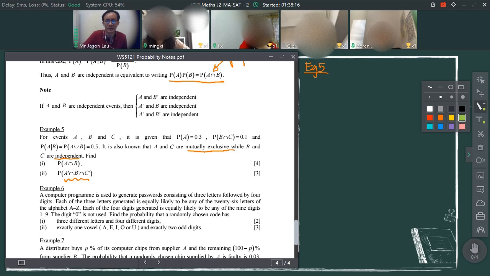So what is the method you're going to use? For example, you will probably use the Venn diagram method. That means you'll try to look at how the events are put into a Venn diagram. Is there any formula you can use?